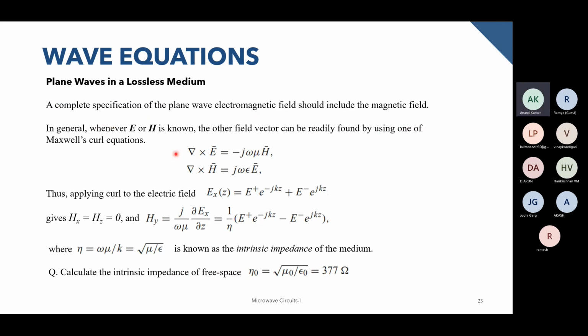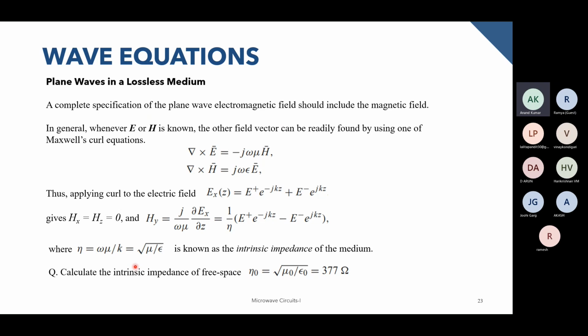Since we had discussed everything using electric fields, to find the magnetic fields, once we have the electric field, we can just use Maxwell's equation itself, put in the value of the electric field and calculate the magnetic field's value.